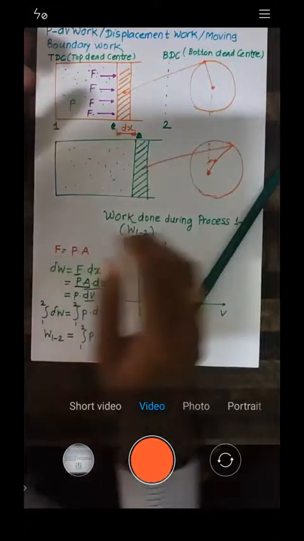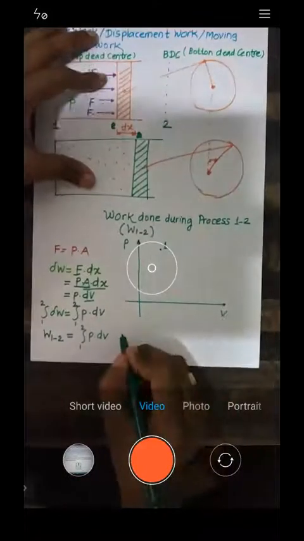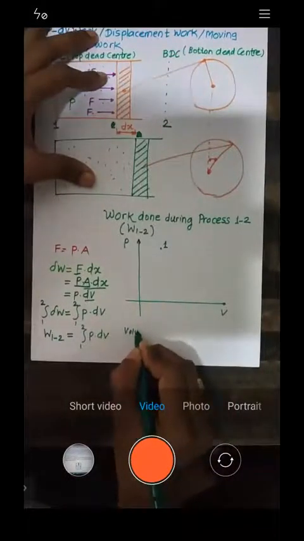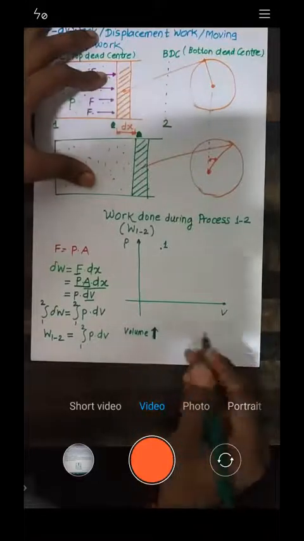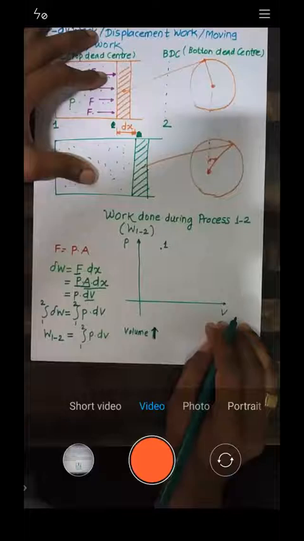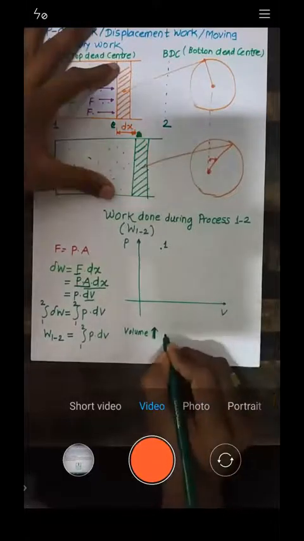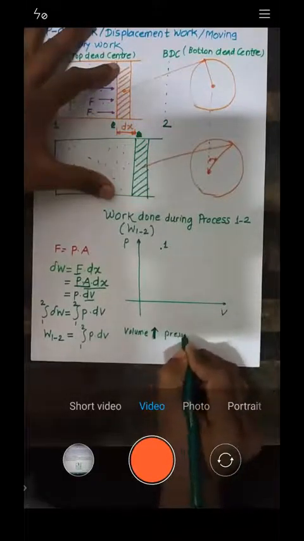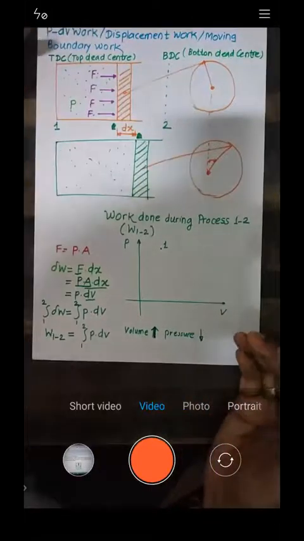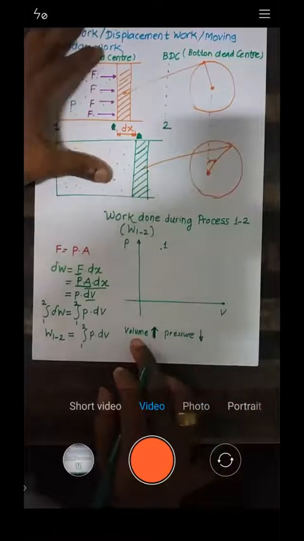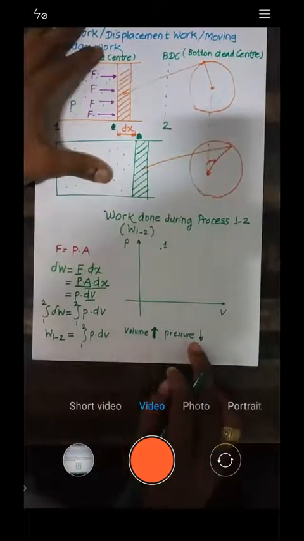So what happens when volume increases? Let's take the first case. When volume increases, what happens with the pressure? Obviously, it will decrease. Both are inversely proportional. Try to understand. When volume increases, pressure will decrease.